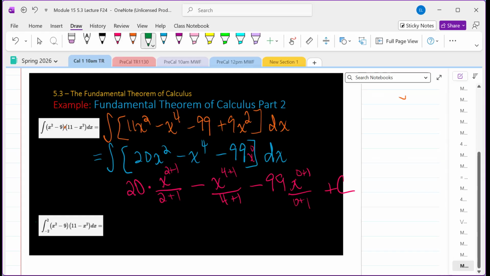Now, since we're about to shove some numbers into this formula, I'm going to go to the effort to clean it up some. So this is 20 over 3 times x to the third minus 1/5 x to the fifth minus 99x plus c.